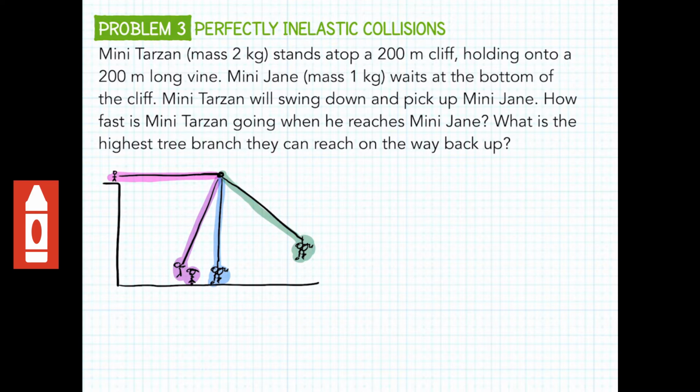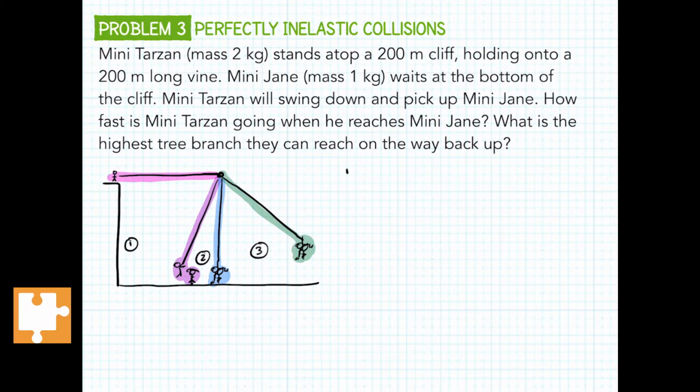We'll call this from here to here step 1. From here to here, this will be 2, and from here to here, this will be 3. Okay, this would be energy. This will be momentum, and this will be energy again. Okay, so part 1 is going to be energy conservation.